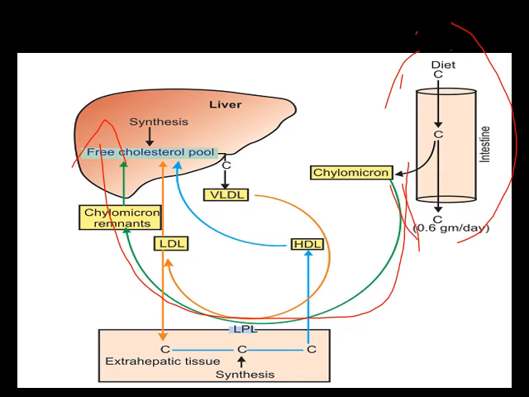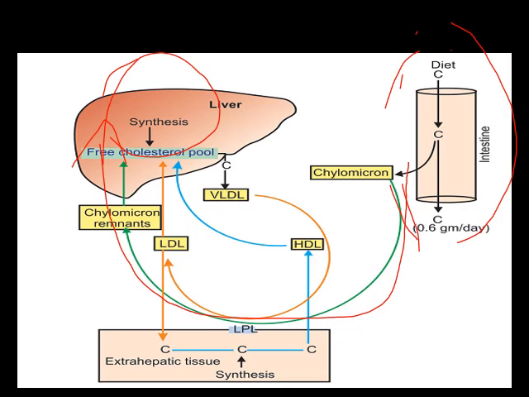Okay, and next, the biosynthetically, or de novo, synthesized cholesterol is available in the liver itself. So the dietary cholesterol and the de novo synthesized cholesterol together contribute to the free cholesterol pool in the liver. The liver is a major site of cholesterol synthesis, we know.